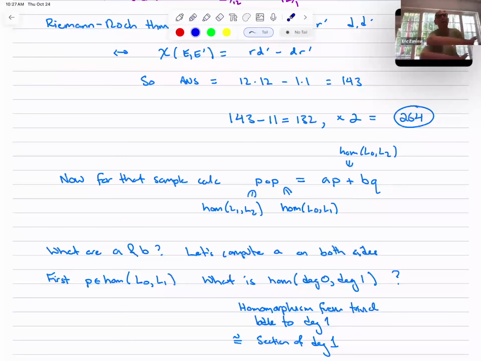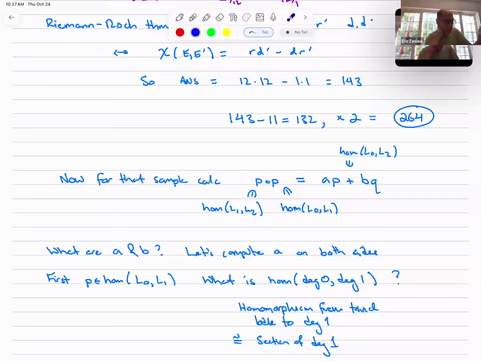So when I look at a homomorphism of one line bundle to another, I have to send that generator somewhere. Where I send it is just a choice of an element of the line bundle where I'm mapping it to.